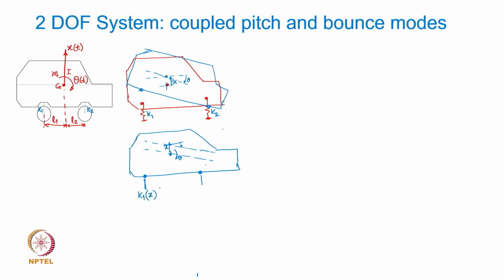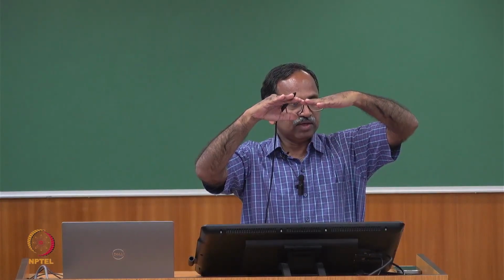So, if you only look at x, then this force is going to be pulling it down, because the stretch is vertically up, so the spring is going to pull it down. This force is also going to pull it down. So K2 into x is definitely going to pull it down if you assume that the body is moving as only the vertical x motion.